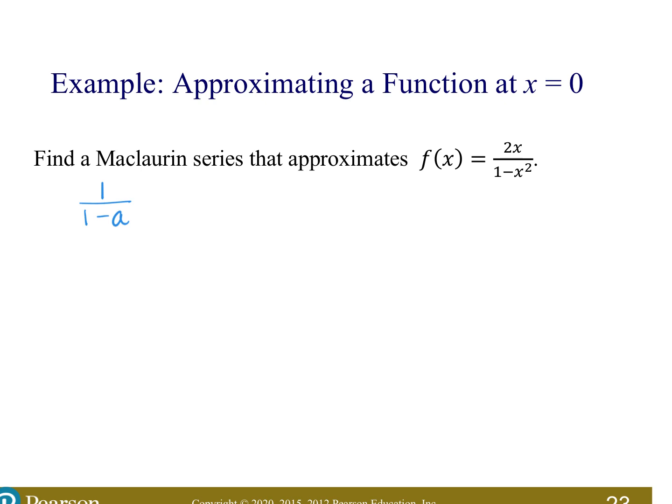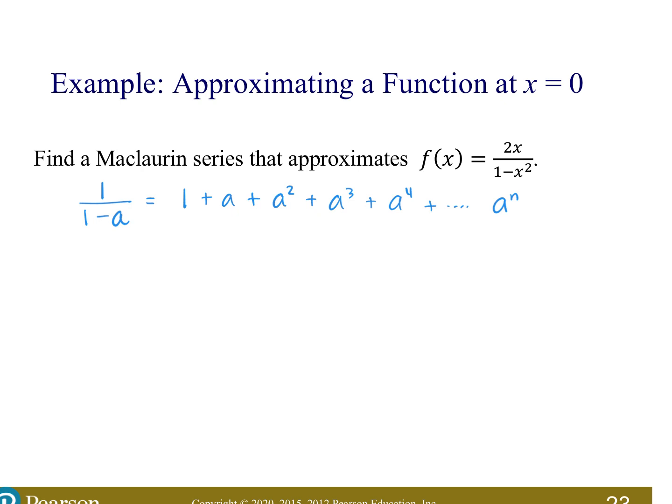Instead of the 2 and x over, start with the closest thing. This is a geometric sum, and it goes 1 plus a plus a squared plus a cubed plus a to the 4th plus ... and then we get a to the n. That's all the rule is for 1 over 1 minus a.